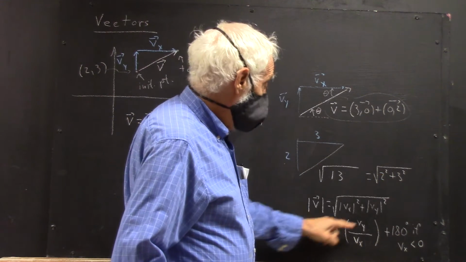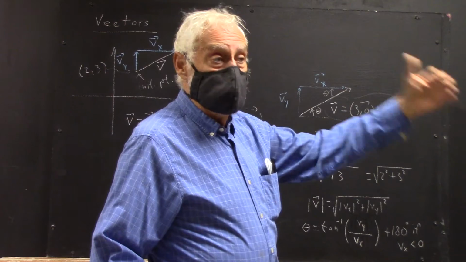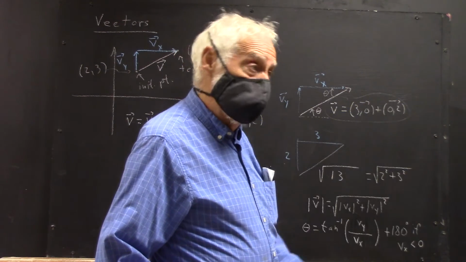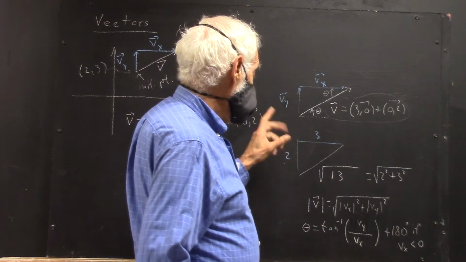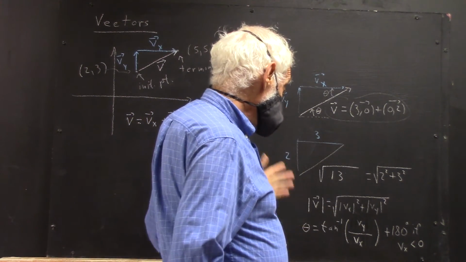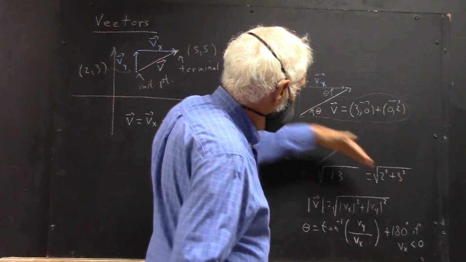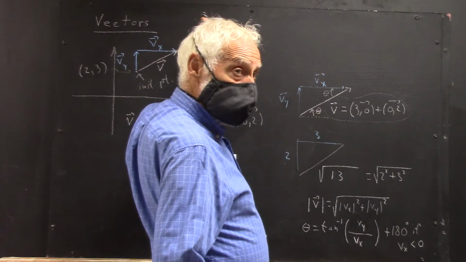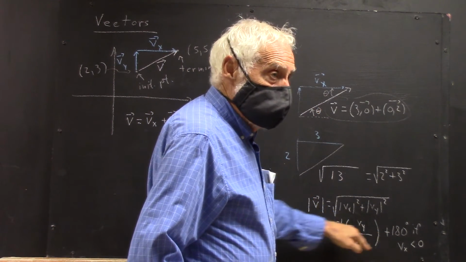You would get the same arctangent because the arctangent only goes from negative 90 degrees to positive 90 degrees, or negative pi over 2 radians to positive pi over 2 radians. Okay? So, since the inverse tangent doesn't distinguish between a vector in this direction and a vector in this direction, you've got to do this.